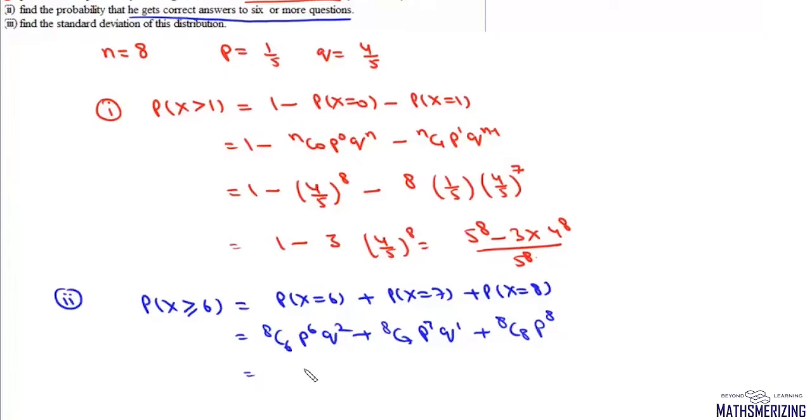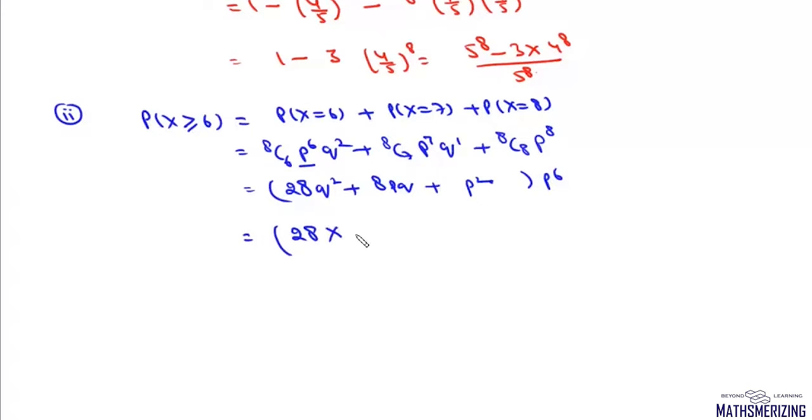Now 8C6 is 28. We'll take p to the power 6 common, so we'll write p to the power 6 in the end, and here will be q square plus 8pq, and this is plus p square. Now again p is 1 by 5 and q is 4 by 5. So it will be 28, and then 4 by 5 squared is 16 upon 25, and this is 8 into 1 by 5 into 4 by 5, so there will be 4 by 25 plus 1 by 25 into 1 by 5 to the power 6.